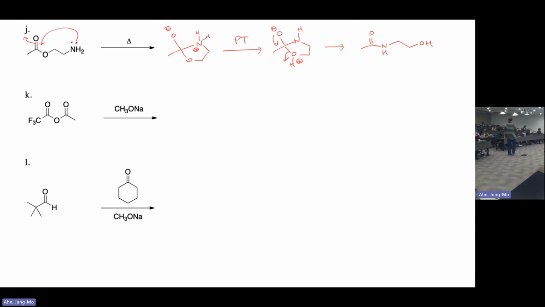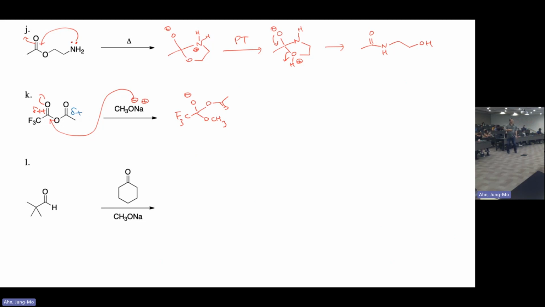When the nucleophile comes in, which carbonyl is going to get attacked first? It's probably the more electron deficient carbonyl, the one on the trifluoromethyl side. So the nucleophile is probably going to attack that one first because it's more electron deficient.